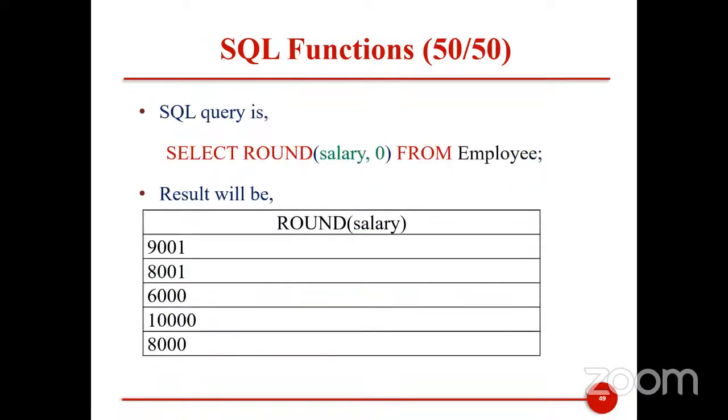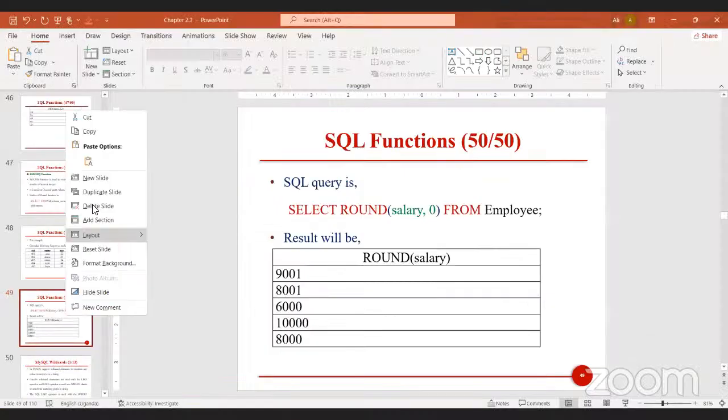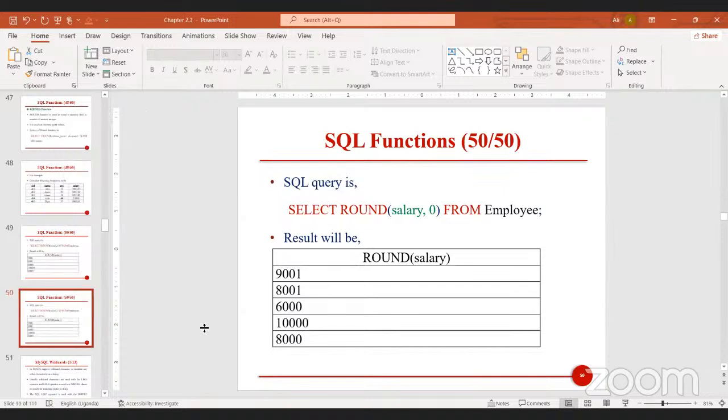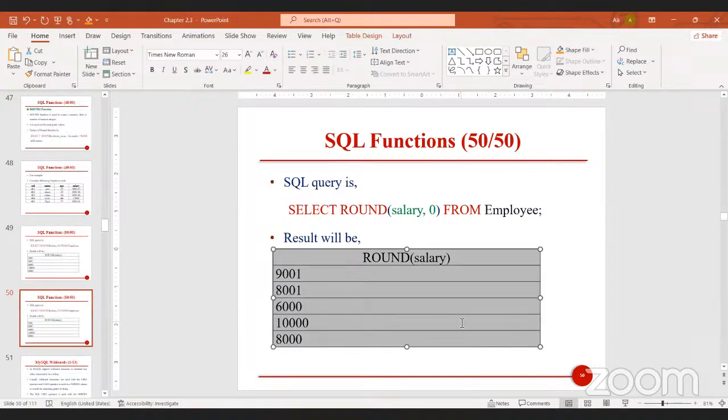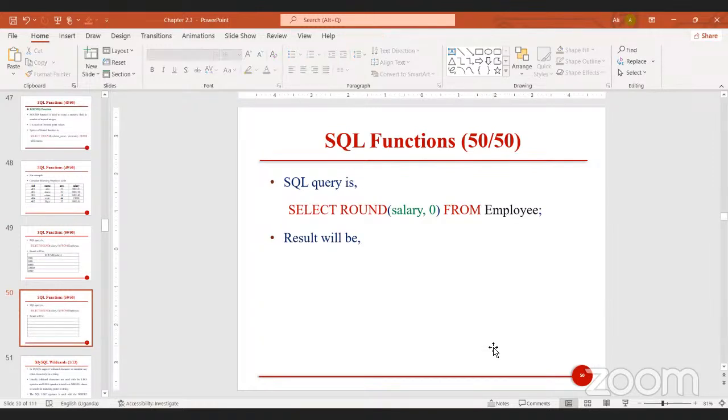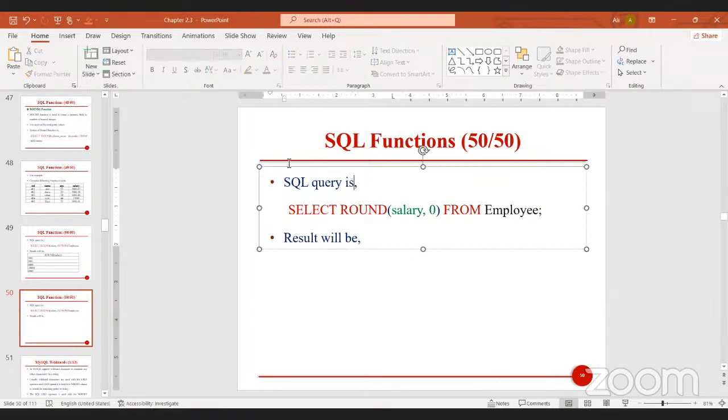Then the other one is also concatenate. Much as I did not indicate it here, you can have another function called concatenate. Let me duplicate this. The concatenate character function.